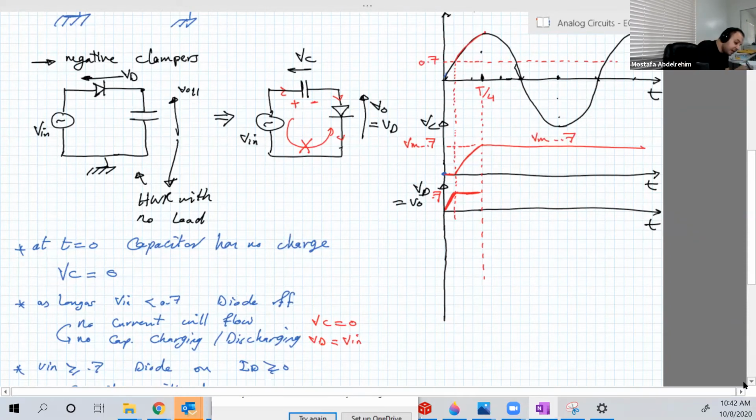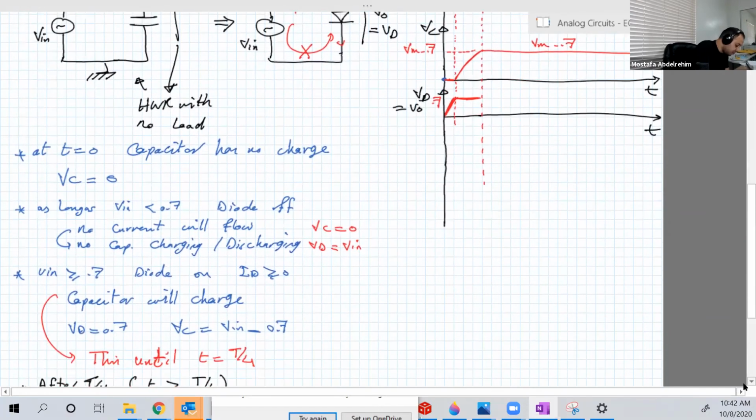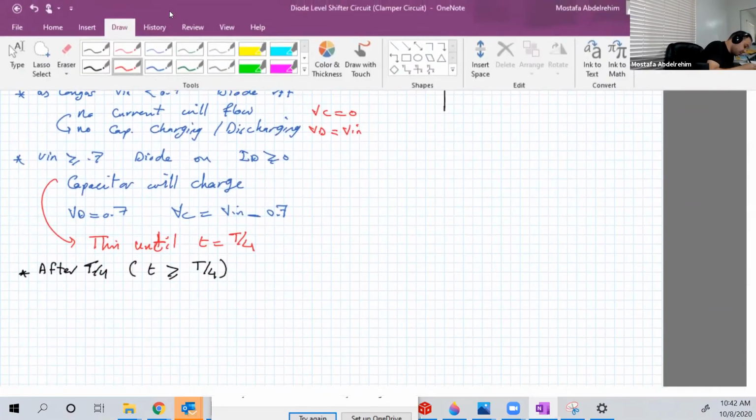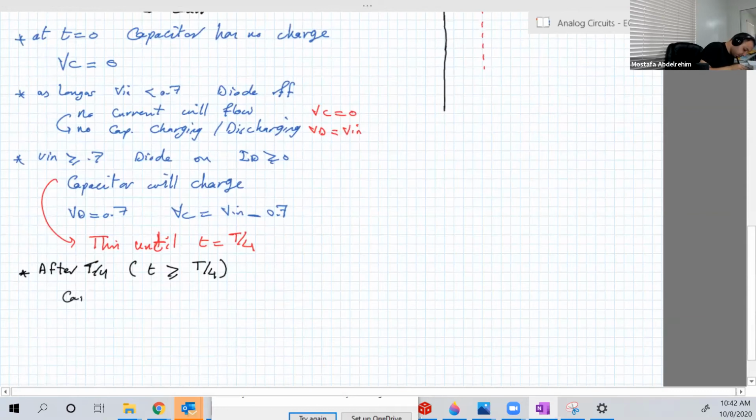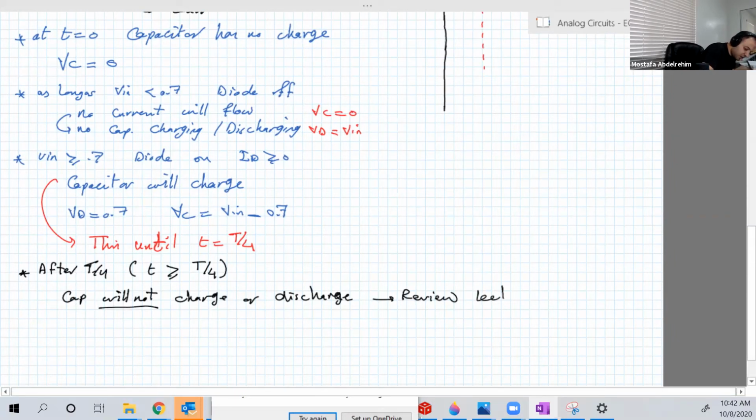Okay. Now, let's write this down here. The capacitor will not charge or discharge. Review lecture 14 on Tuesday.